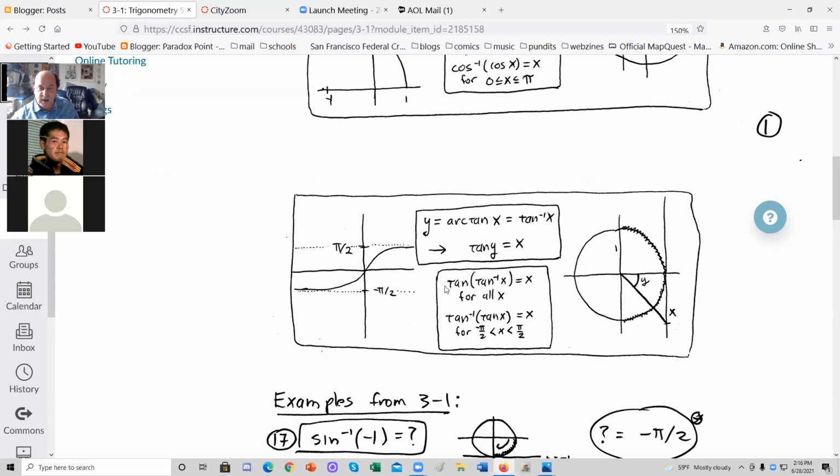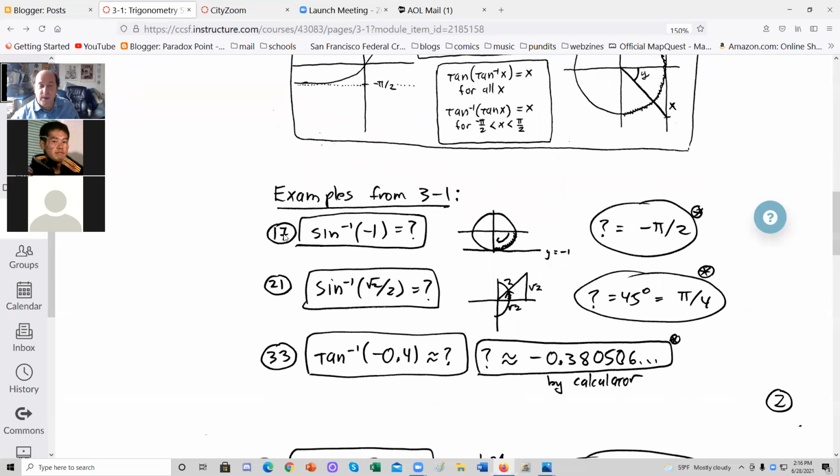It's defined for all values of x, and its range is from minus pi halves to pi halves. Here, the way we define it is we draw a vertical line tangent to the unit circle. We go distance x, in this case negative, and we draw a line from the origin to where this point is. And wherever it meets on the right half of the circle, this angle y is the arc tangent.